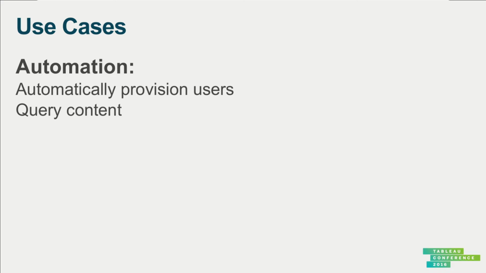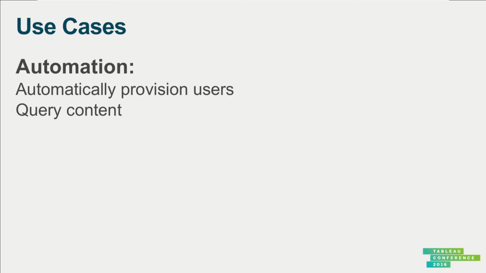It's useful in enterprise settings where you have hundreds or thousands or tens of thousands of users in your Tableau server. Also in that kind of large deployment enterprise scenario, which doesn't necessarily have to be the case of a large company, but a large complicated deployment of Tableau, you might need to know information about your content.